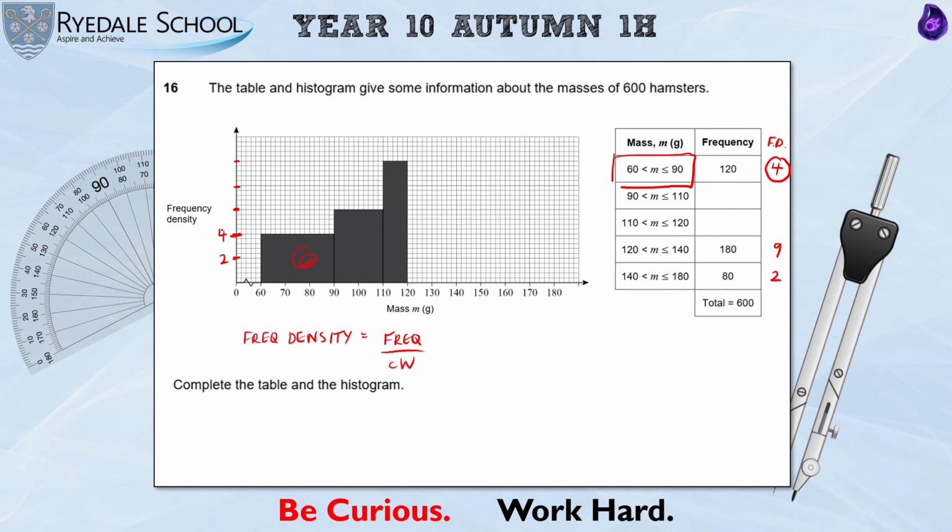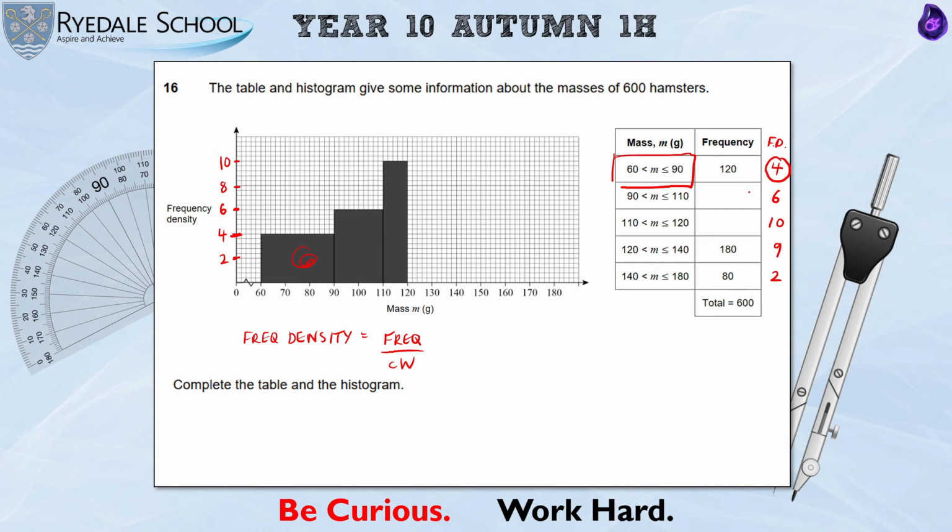So 2, 4, 6, 8, 10. Now, to get these numbers here, we can read off the height of these bars. The frequency density must be 6, and the frequency density of this bar, 110 to 120, is 10.